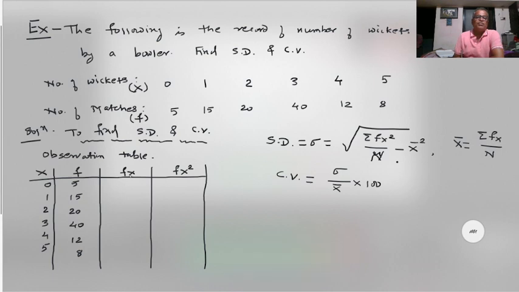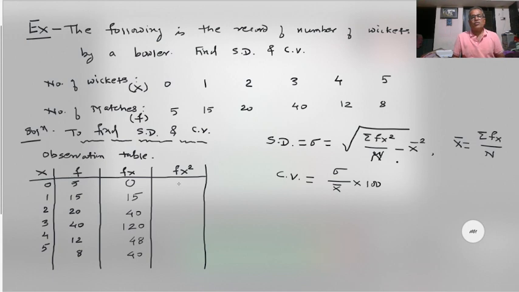We prepare a first column of multiplication of frequencies and variable x, so fx. That means 0 into 5 is 0, then 1 into 15 is 15, 2 into 20 is 40, 3 into 40 is 120, then 48 and 40.